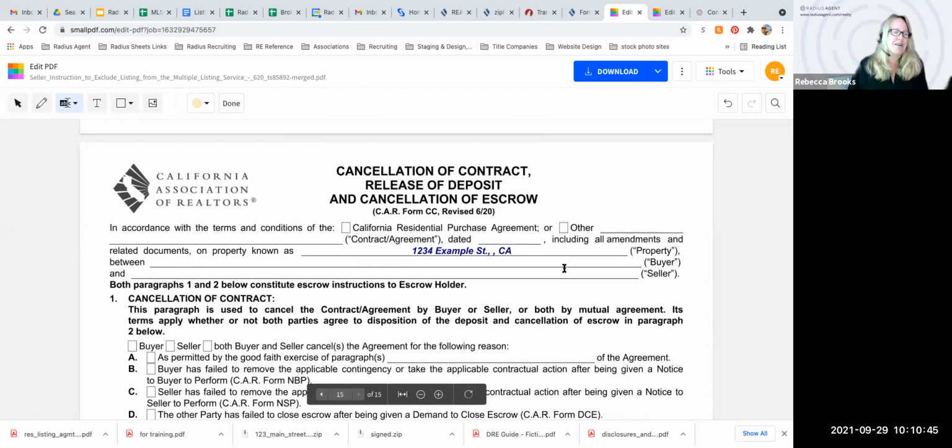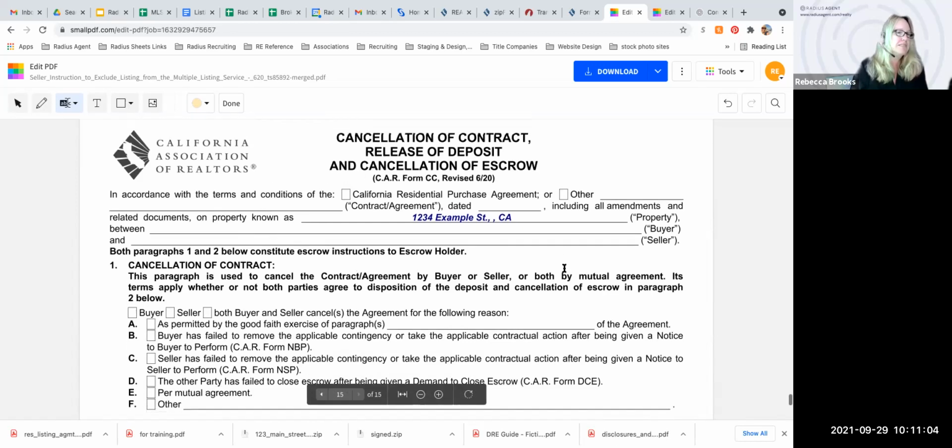I had to talk to that agent's broker and just say, hey, we still had a contingency in effect. There's no reason that seller can claim that deposit. And they eventually realized that they needed to release the deposit, and they did. And our buyer got their money back, right?